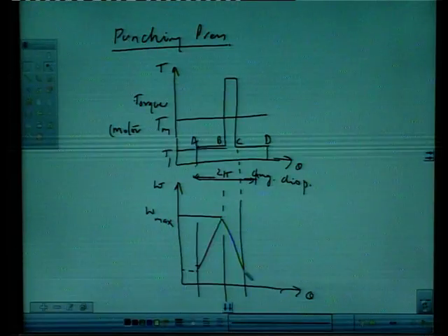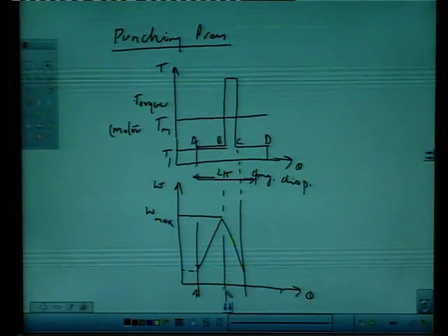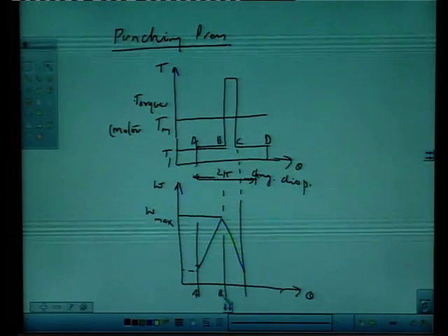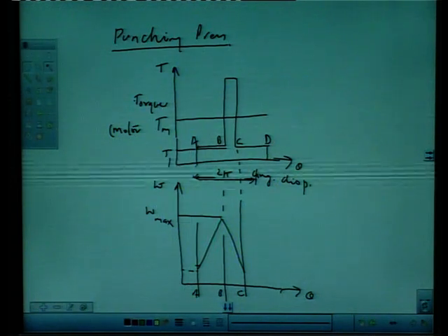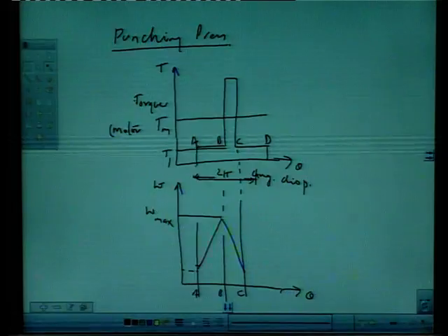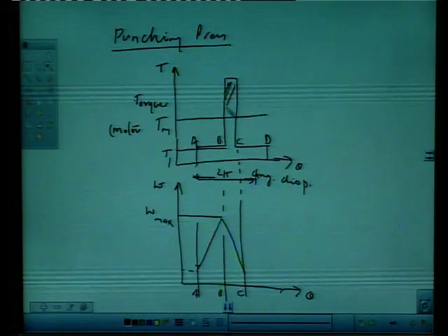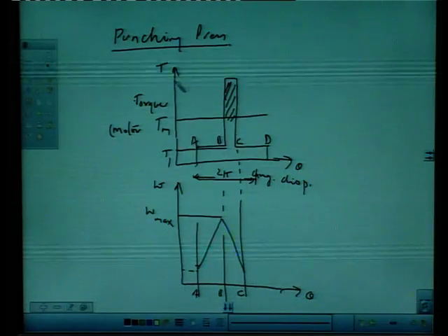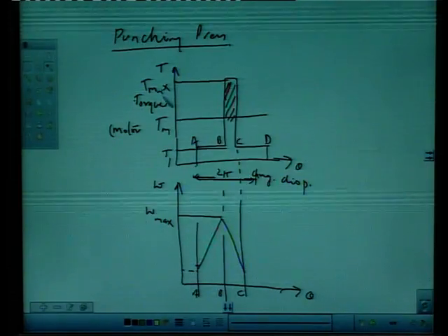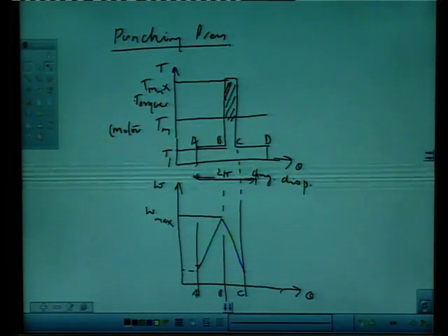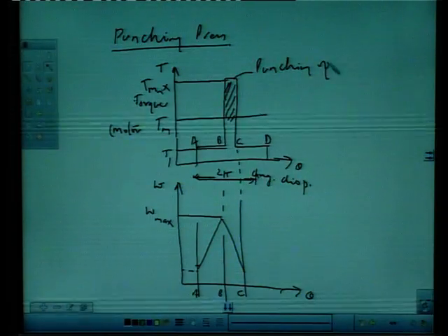This is B and this is point C. From B to C, the required energy is very high. This is the maximum torque which is needed during the punching operation.